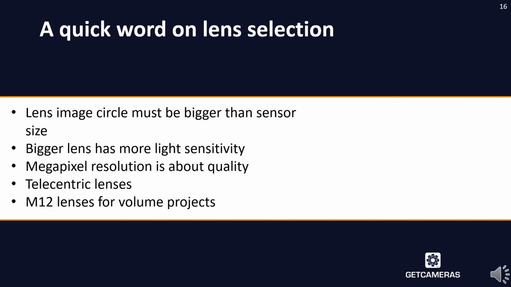They are compact also because there is no focus ring and no iris ring to adjust. So basically you have the standard CS or C-mount lenses, with different quality and different sizes, and then you have telecentric lenses for specific jobs of high accuracy, and you have M12 lenses for volume projects and when size matters a lot.